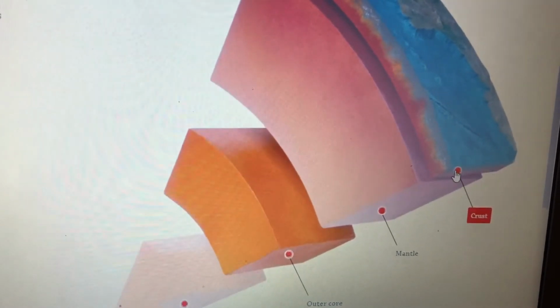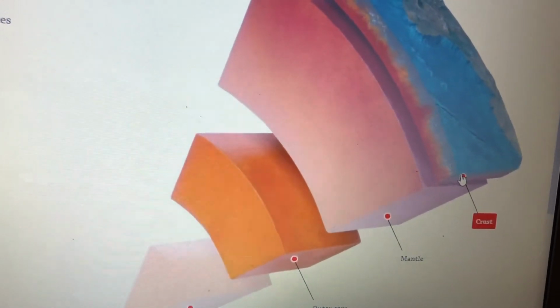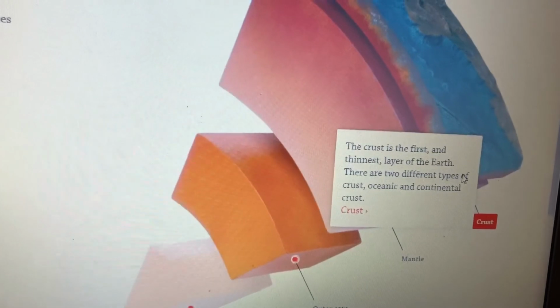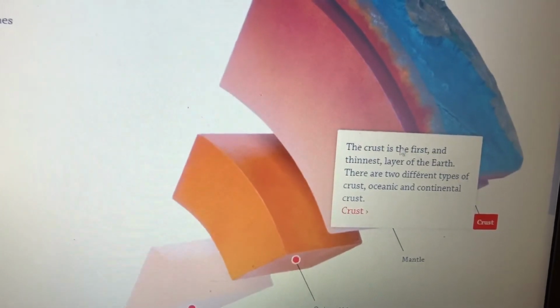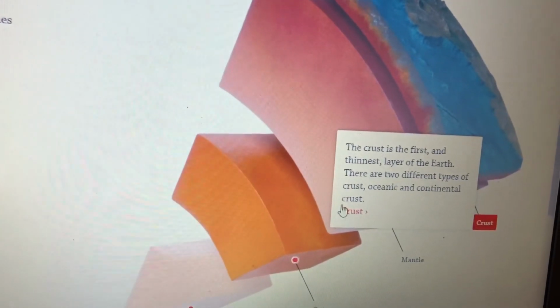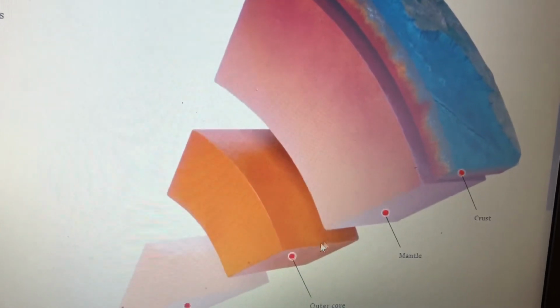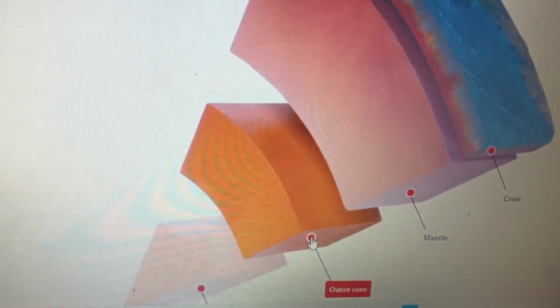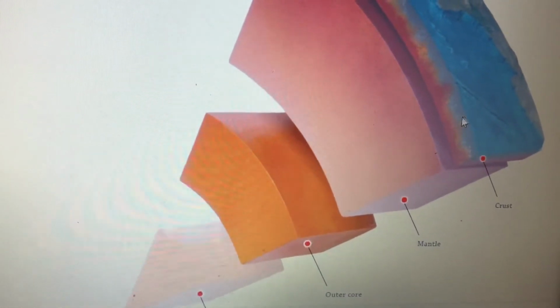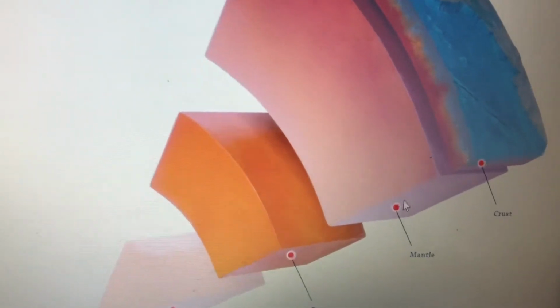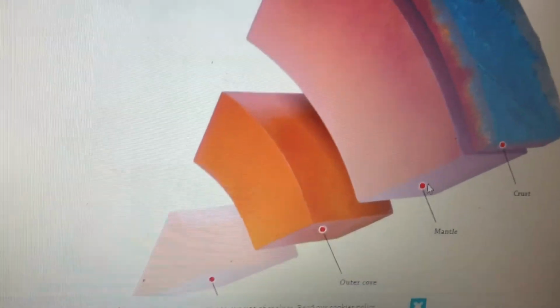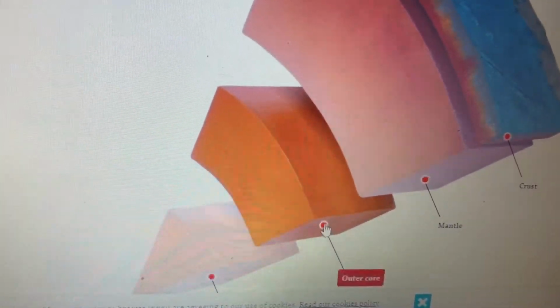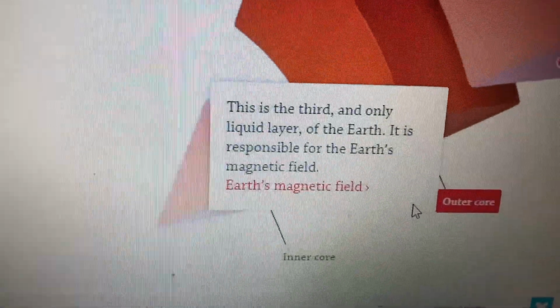If we look over here, we can click on that and it will give you information. We know that that's the crust, but you can do that on your own, and then you can go to the next one and the next one. But we're going to concentrate on this one today. So this is the crust. Right here is the mantle, and this is the outer core. So let's click on that, and let's read what it has for us.